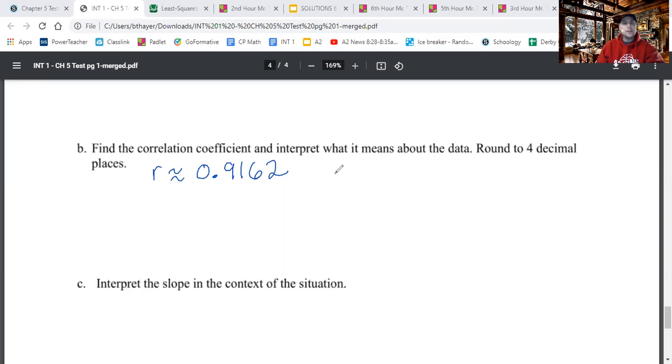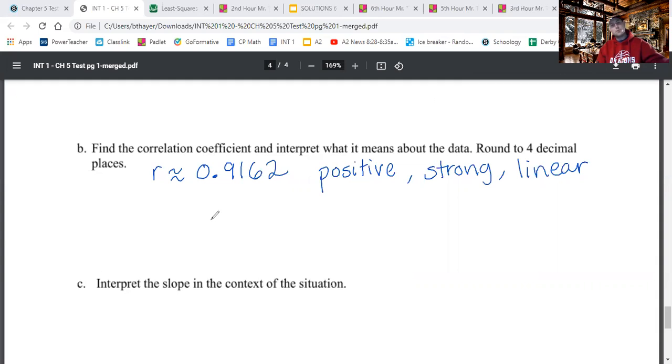Well, let's start with describing it. It tells us it's positive. It's very close to 1, so we would call this strong. It's linear. There are no apparent outliers, and this tells us there is a strong correlation between the cups of lemonade sold and the money earned.